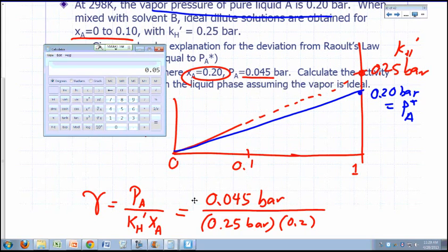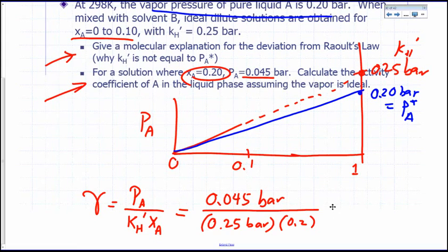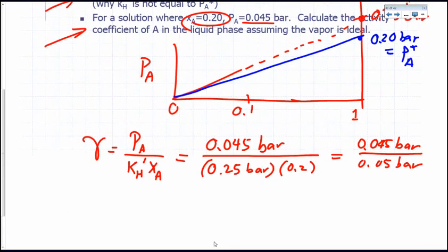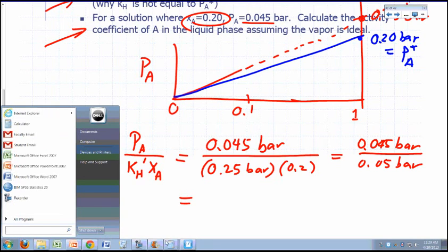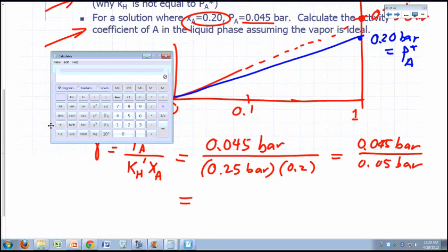So that denominator is 0.05 bar. So 0.045 bar over 0.05 bar. Okay. So that means that your activity coefficient is 0.045 divided by 0.05, it's 0.9.